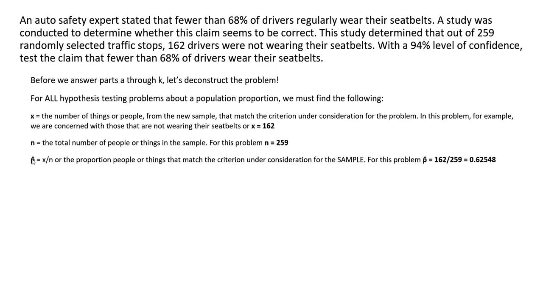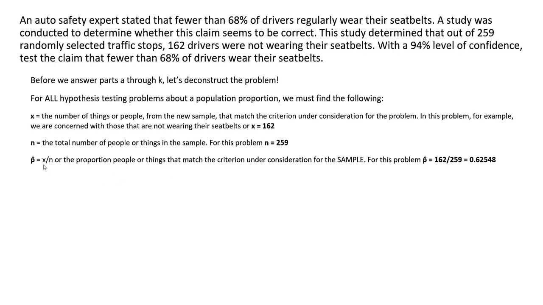Now we have this P with this little thing above it. The name for that is called P hat. In other words, the letter P and then the word hat, like it's wearing a hat. And we calculate P hat. It's a quick and easy calculation, so that's why it's part of the deconstruction process and not part of the actual hypothesis testing part. P hat equals, we take the number of things or people that match the criterion, and we divide that by the total number of people in the sample.